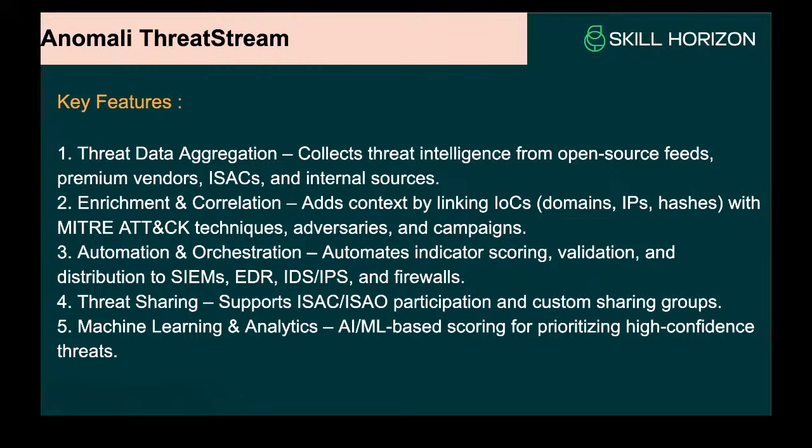Suppose you have an alert generated in your SIEM tool. Using that platform you can score the alert for prioritizing purposes, to decide if the alert is really important and should be investigated first, or if it can be investigated later. It works on AI/ML, which is why it is very useful and most industry people are using it.